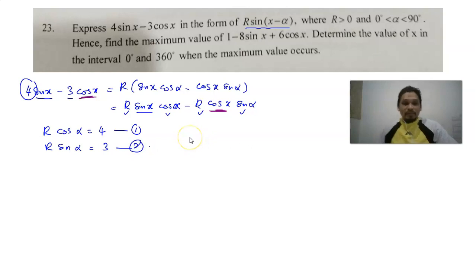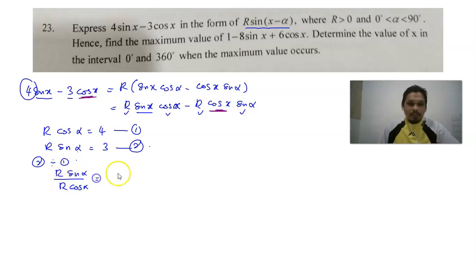We are going to find out the value of alpha by using equation 2 divided by equation 1. So r sine alpha divided by r cos alpha equal to 3 over 4. Sine divided by cos equal to tangent alpha. Then alpha equal to arctangent of 3 over 4.